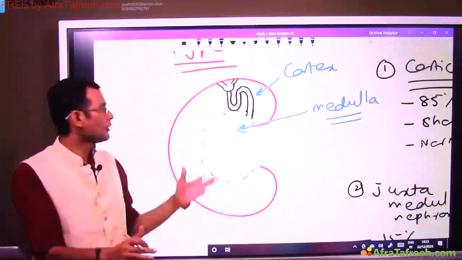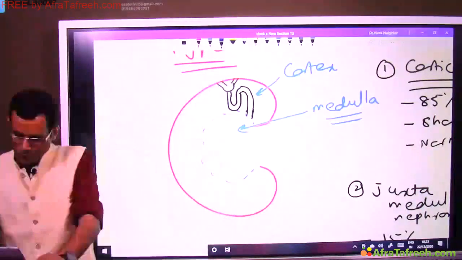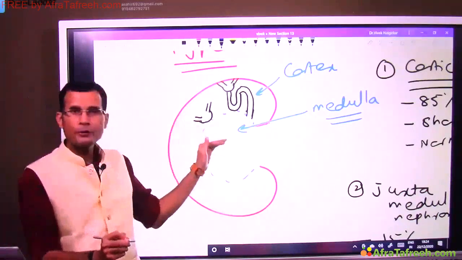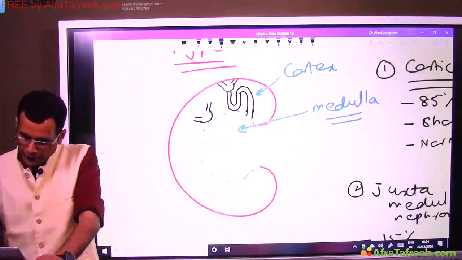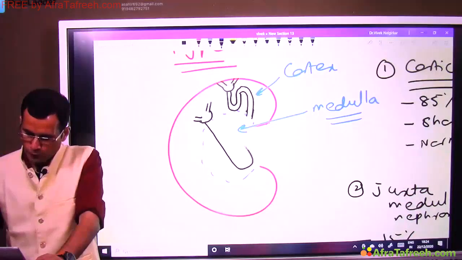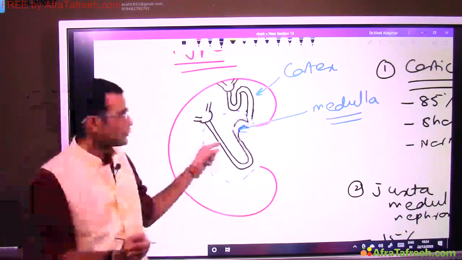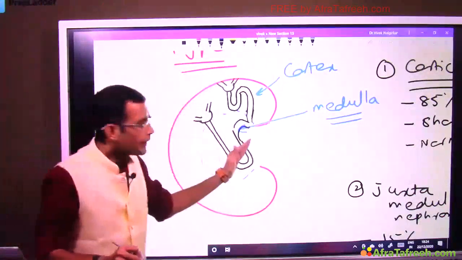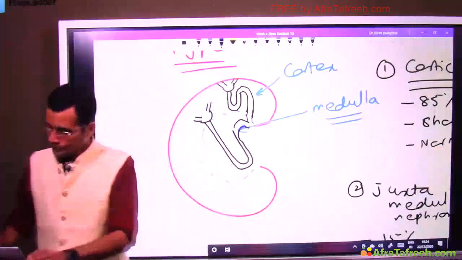It's in juxtaposition with the medulla, as we will see here. So glomeruli are located at the junction of the cortex and medulla, and they have long loops. Should be understood, they have long loops which come all the way into the inner medulla.